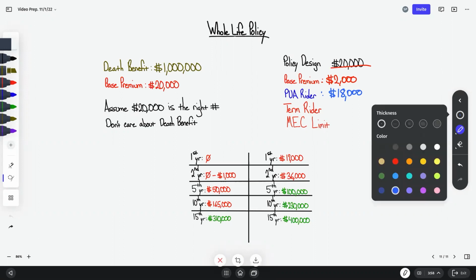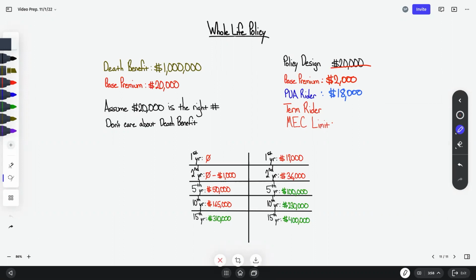However, I would find in a policy like this that my MEC limit is only $6,000, which would immediately trigger a taxable event. So to provide one more data point here, that base premium might get me a death benefit of $100,000, where I need a death benefit of $500,000 to attain that $20,000 MEC limit.